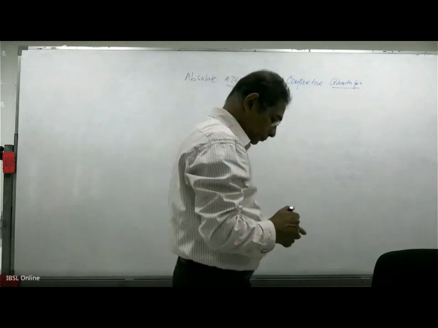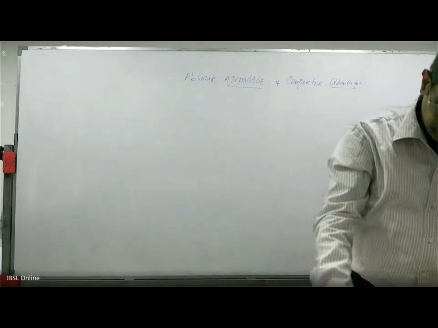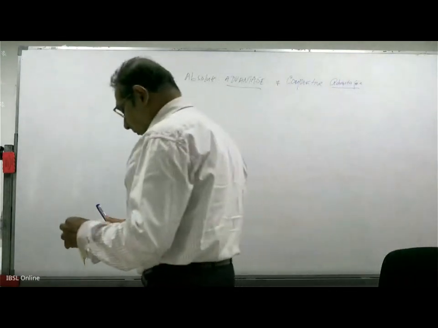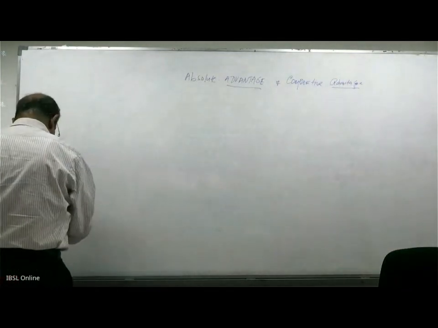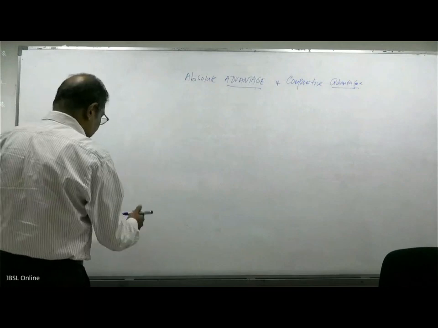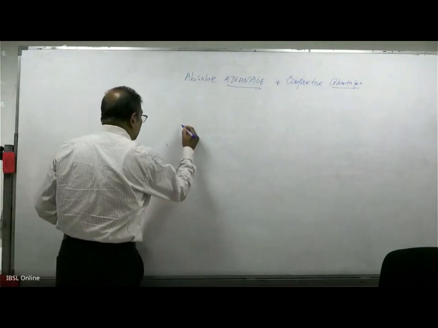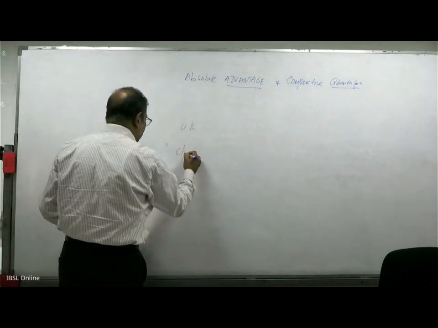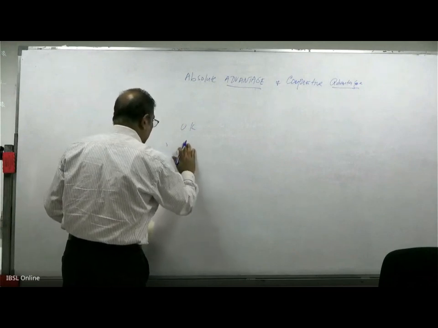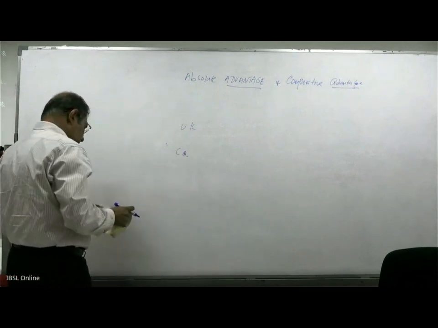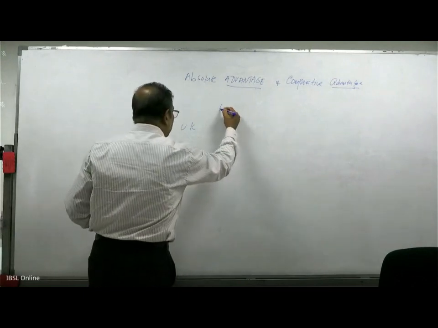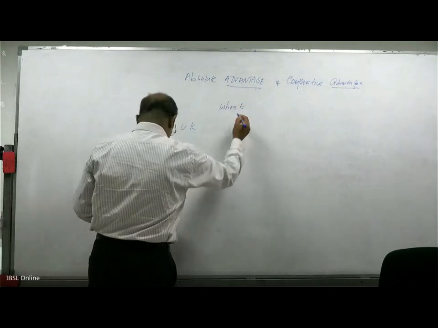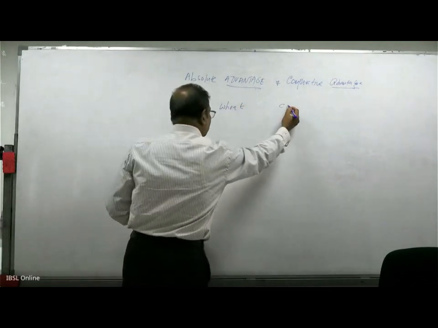Now, I have chosen two countries, UK and Canada. And I have taken two commodities, wheat and cars.